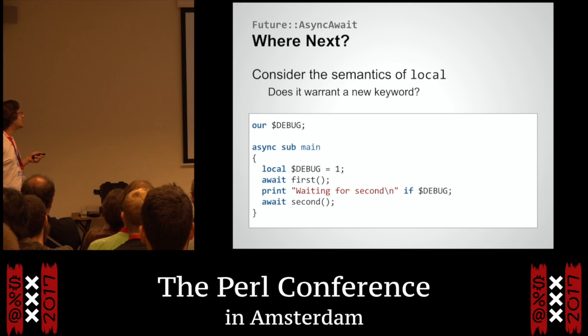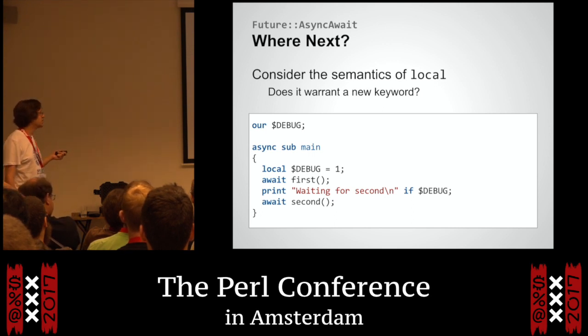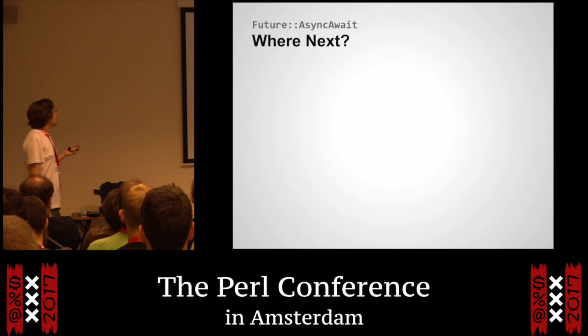You can make arguments either way, because what the word local does is it has an effect in both dynamic scope and temporal scope, i.e. time. And that's never been a problem, because without this awaitability, those are the same thing. But suddenly when you have an await, they're different things.